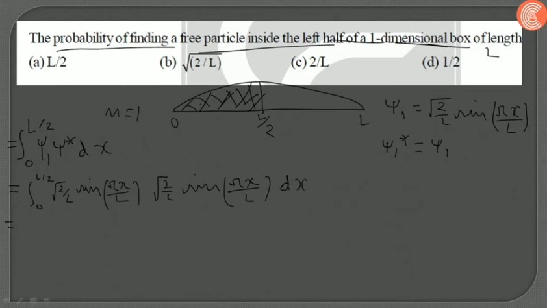If you multiply this, it becomes 2 by L integral from 0 to L by 2 of sine pi x by L times sine pi x by L, which becomes sine square pi x by L.